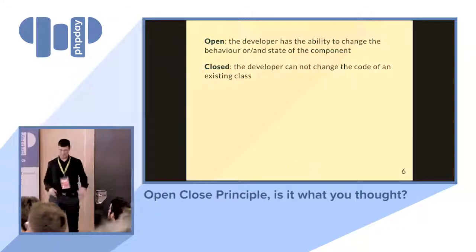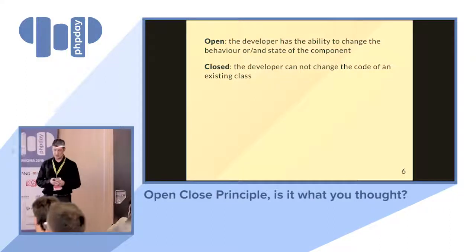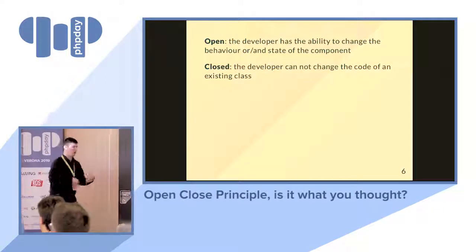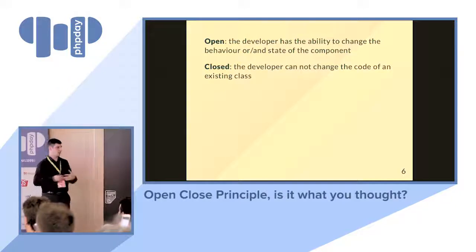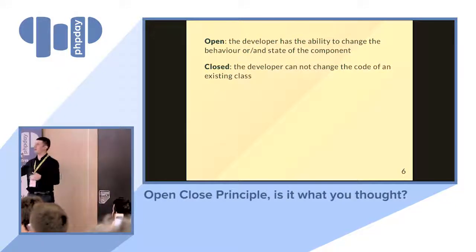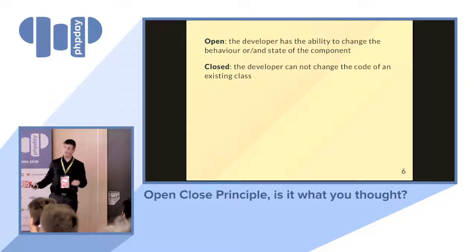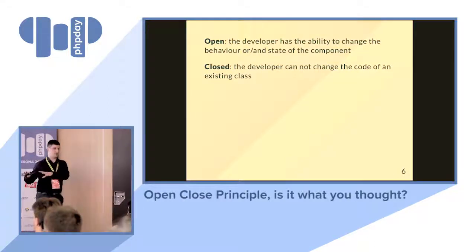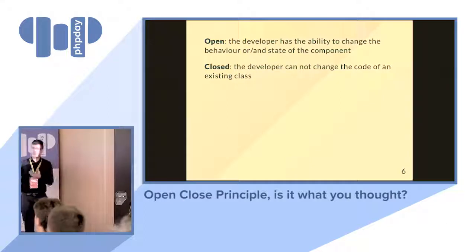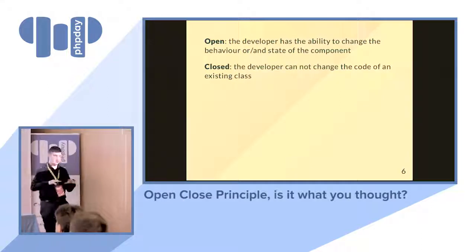That's what it means. Open means you need to let people work on top of your work. You need to let people add features, add whatever the business requires for it to work. But because you're a developer, you don't want people to touch your code. What you've done before is done.